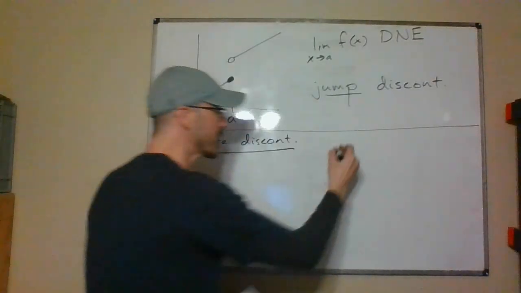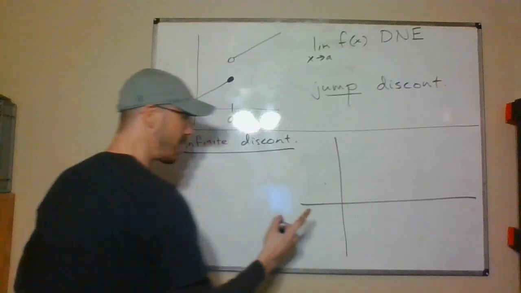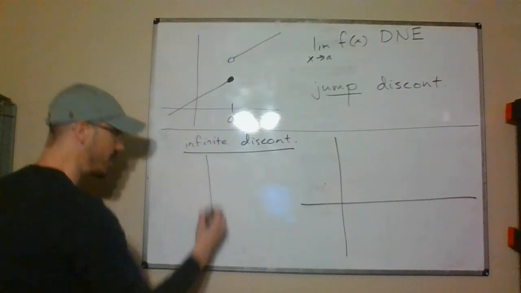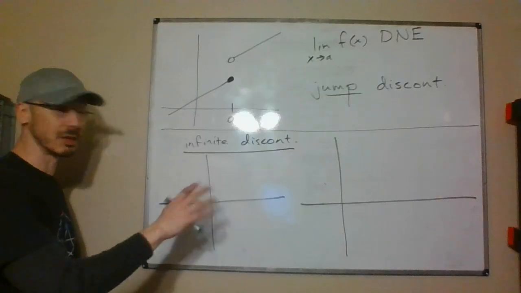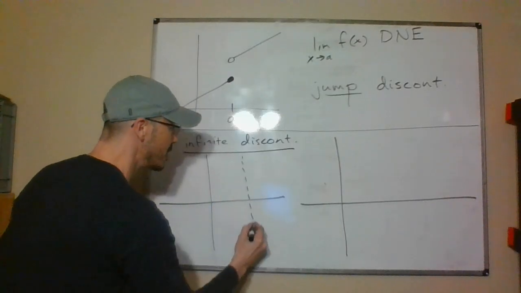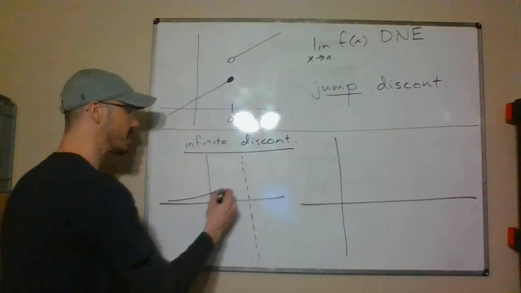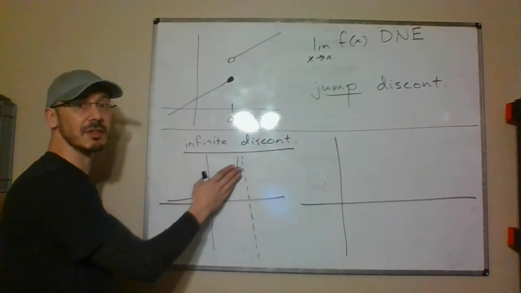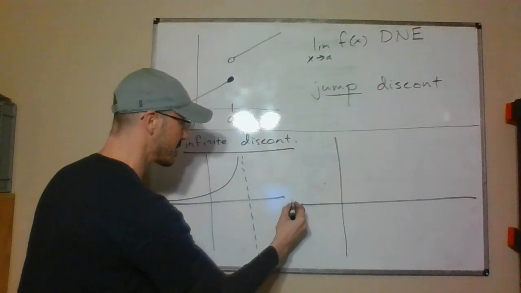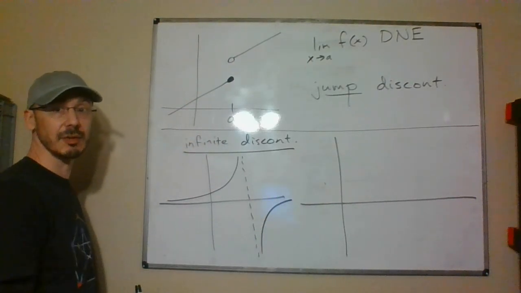You are familiar with it because we've seen asymptotes before. In fact, let's do two infinite discontinuities because there's some variety. In this first one, I've got an asymptote where my graph is going to go up on one side. The limit from the left is infinity. And it's going to go down on the other side. The limit from the right is negative infinity.